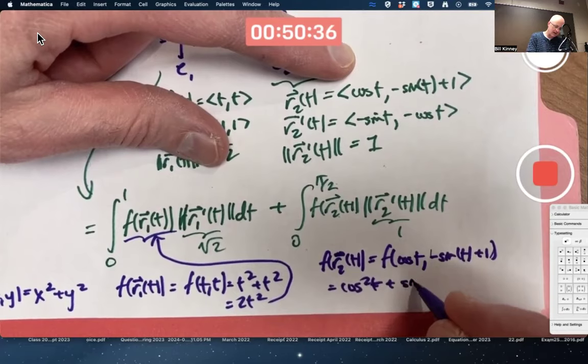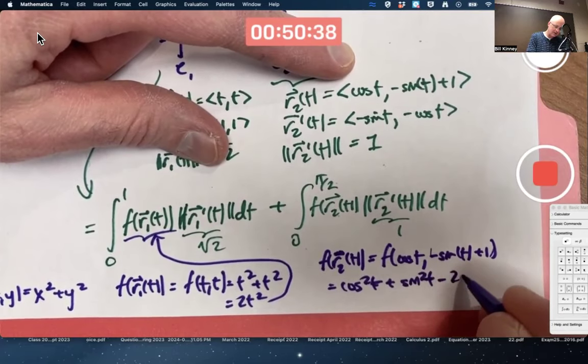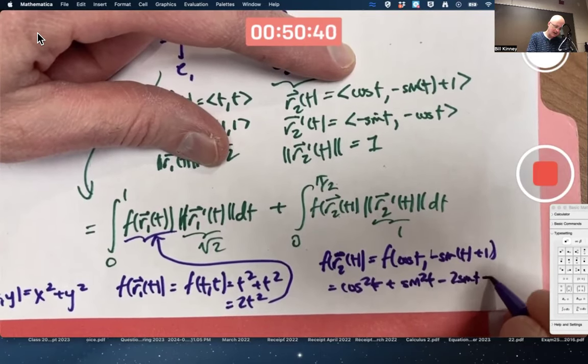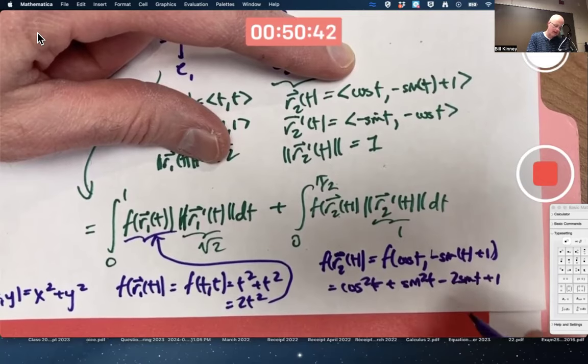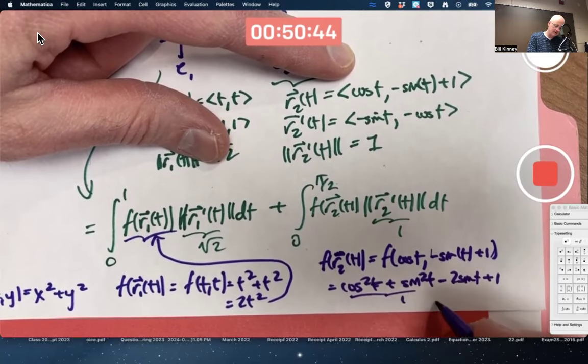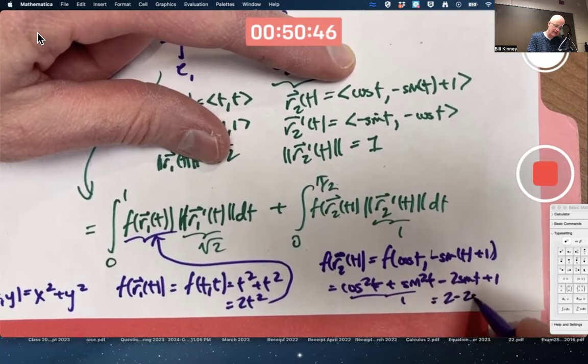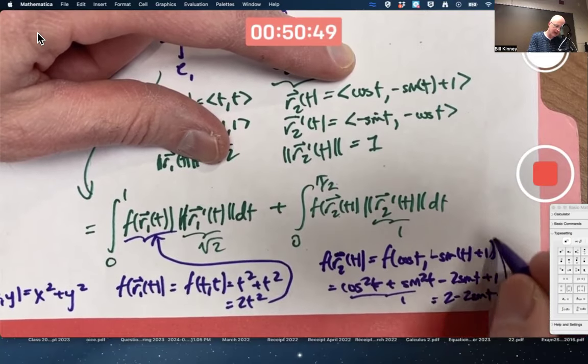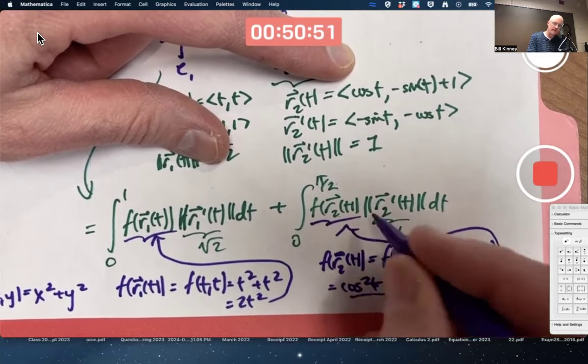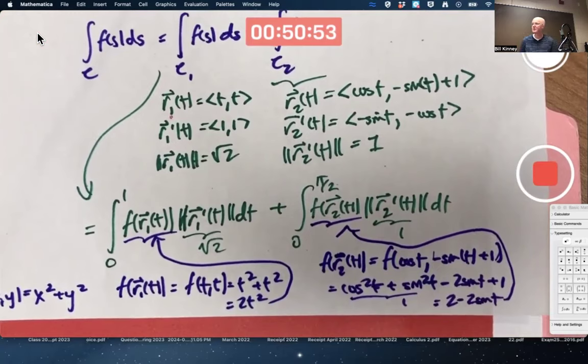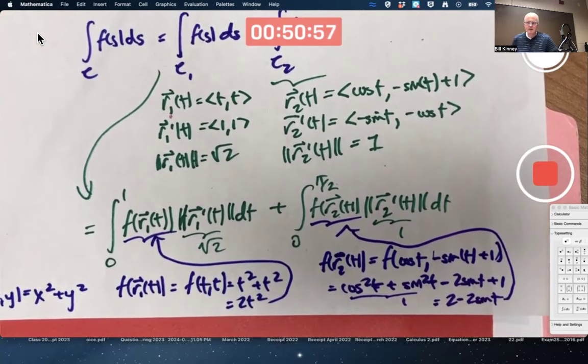I'd get a sine squared t minus 2 sine t plus 1. That's a 1. So this all simplifies to 2 minus 2 sine t. And that's what would have to go right there. And then you do the integrals. They would not be too hard, but it looks like the square root of 2 is not going to go away. The answer is probably going to involve the square root of 2.